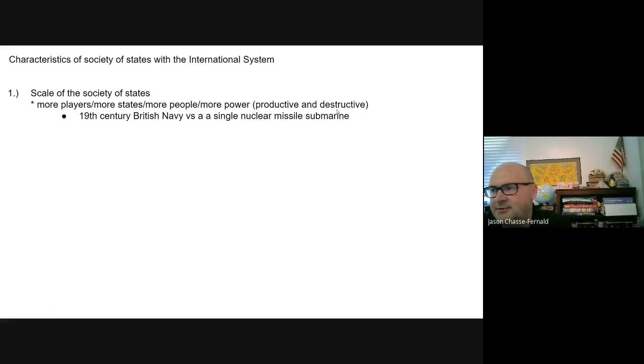Even with the British Navy being, as far as a world power, a fraction of what it used to be, a single vessel in that current Navy still has more destructive capability than the entire British fleet combined. So just wrap your mind around that and extrapolate out to think about the destructive capability which humanity possesses today. All right.